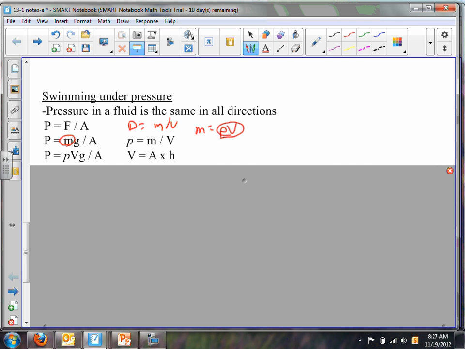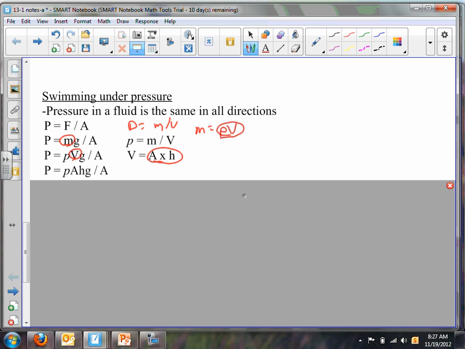Well, volume is area times height. So if I substitute this in for volume, we get pressure is density times area times height times g.